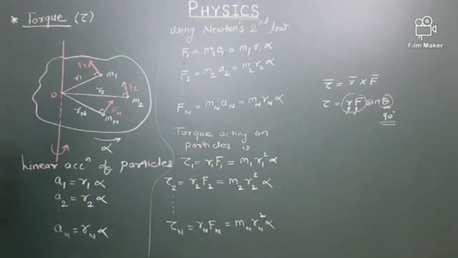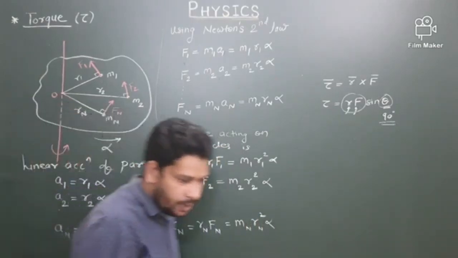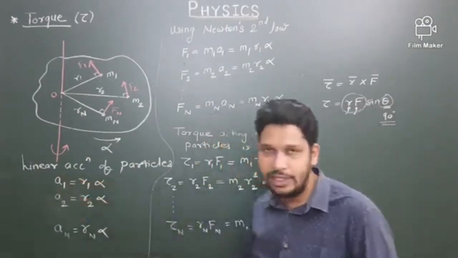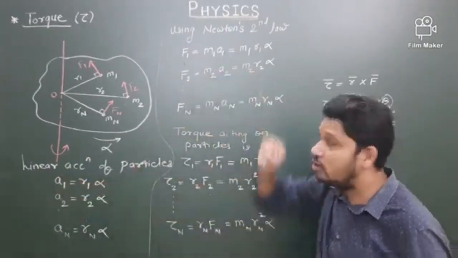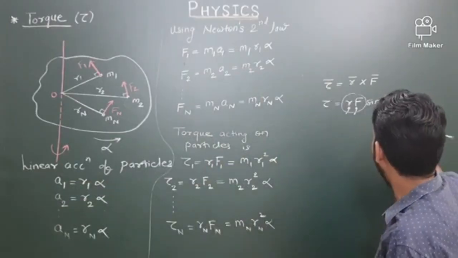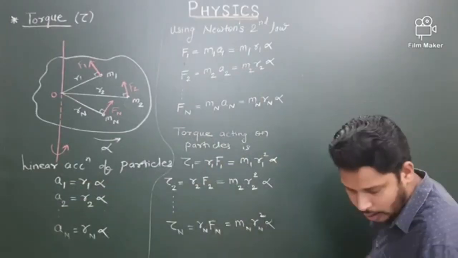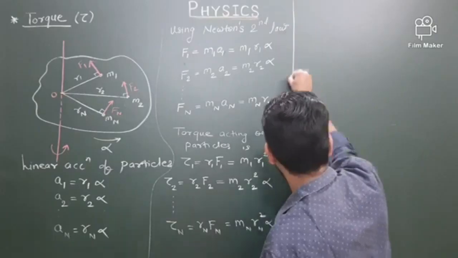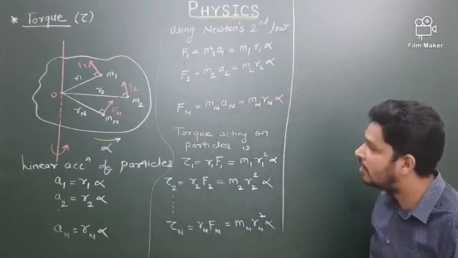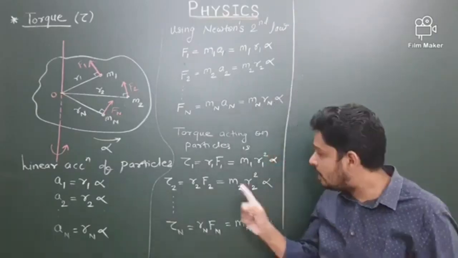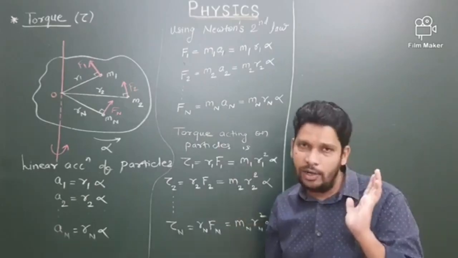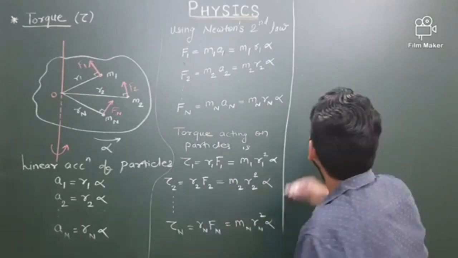Okay, understood till here? See what we did: first I calculated linear acceleration, then I calculated force, and then I calculated torque. Now you have the value of torque of each particle. You have to find out the total torque.